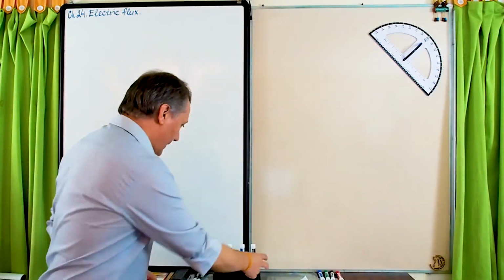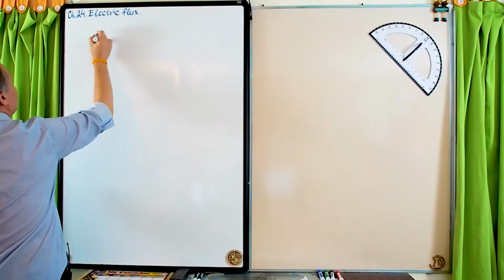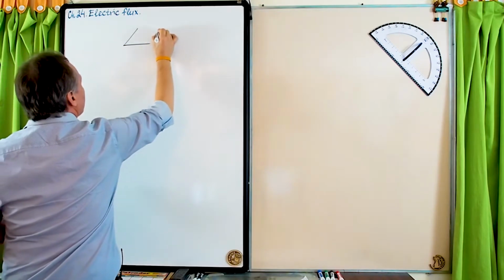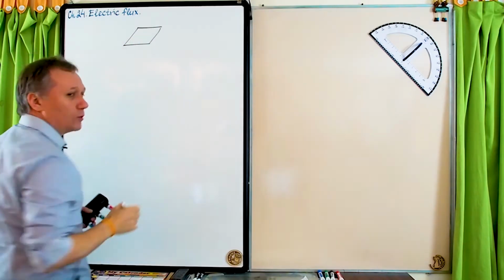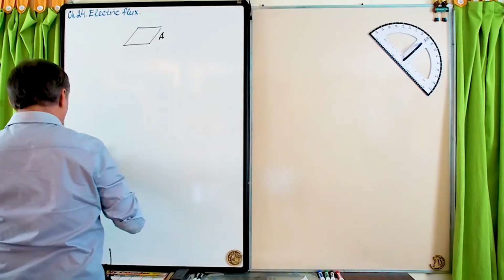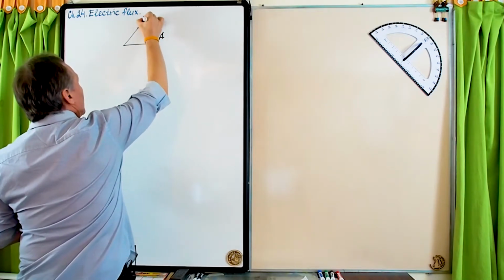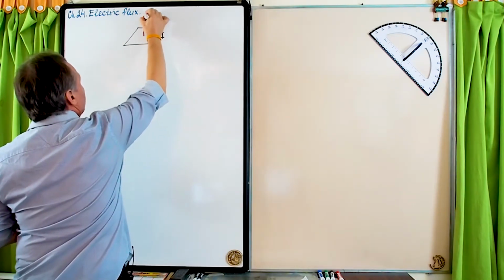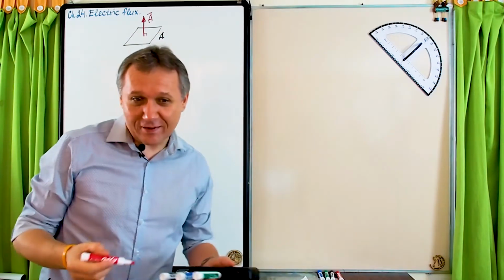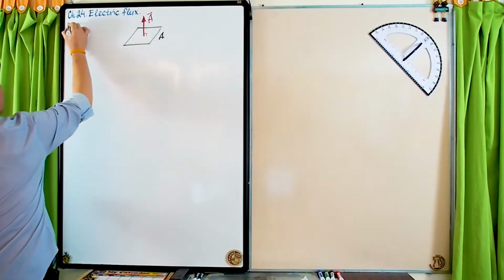Okay, so let me write that down. So if you have, for example, some surface, okay, let me make it small, some surface of area A, and then we can introduce this area vector, which is all the time perpendicular. So that angle is 90 degrees between the surface and the vector. And so two properties, right?